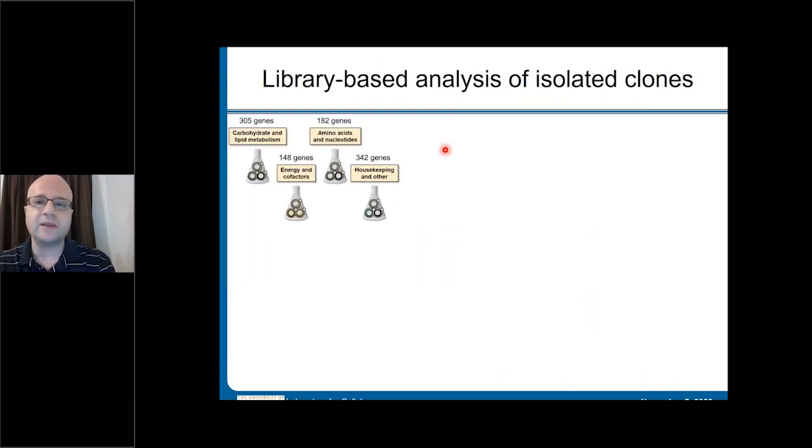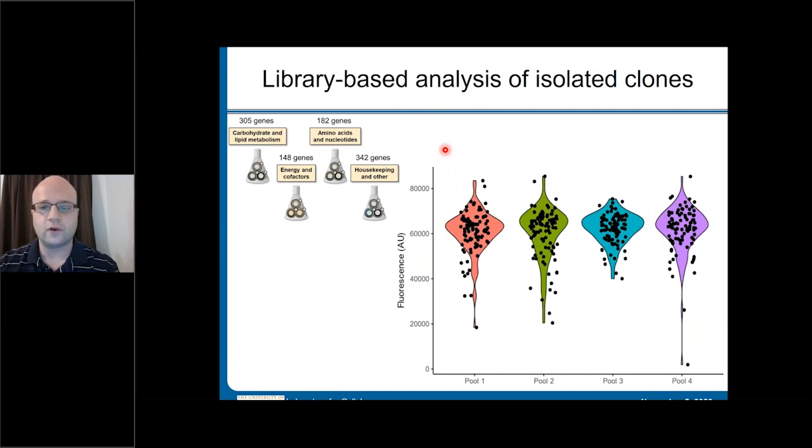When we do that, we can see that using these 4 libraries, this is just the overexpression based constructs here, we get a range of targets, each of which the libraries have some improvements and some reductions of our overall fluorescence, so essentially beta-xanthin production.